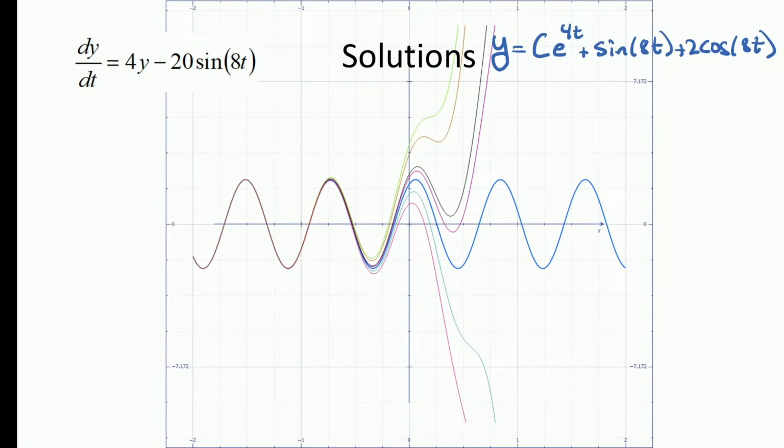And if C equals something like -1, it's a similar situation, except when t gets above 0 again, you end up becoming very negative because of that negative e to the 4t. This is the sort of thing that we're going to hopefully become more familiar with, this idea that you'll be dealing with families of solutions.